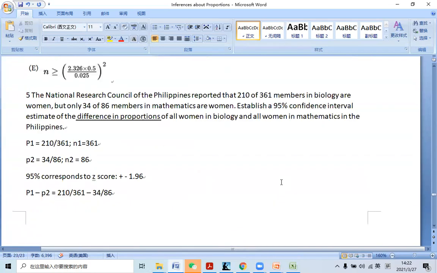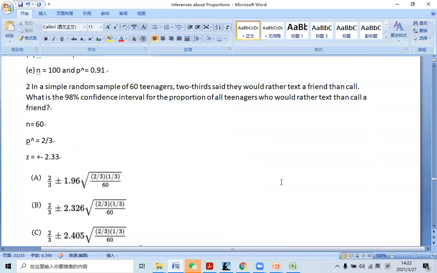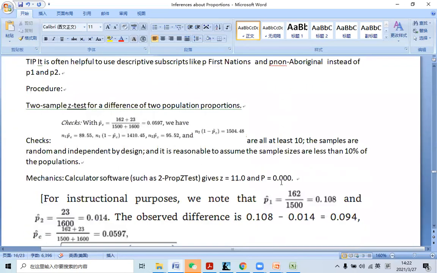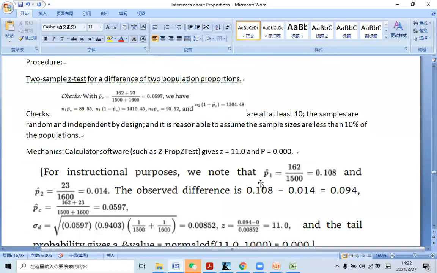Let's go back there again. The P, the proportion, the complement, and here you have the weights.